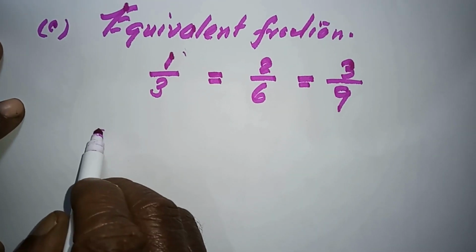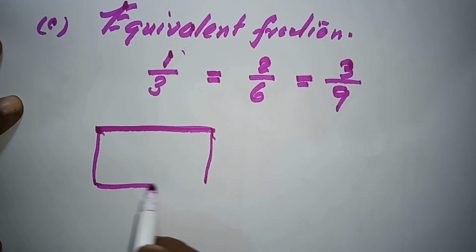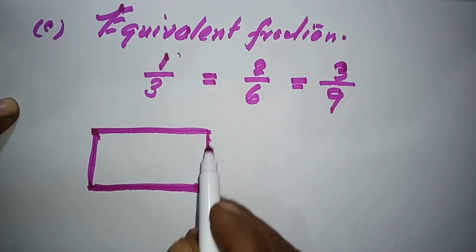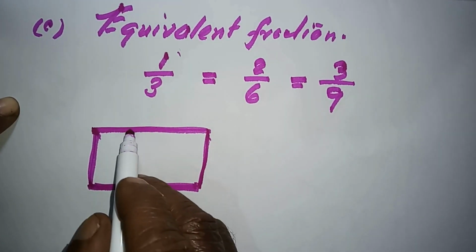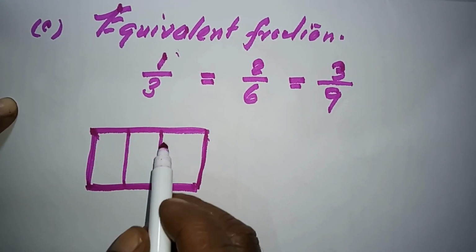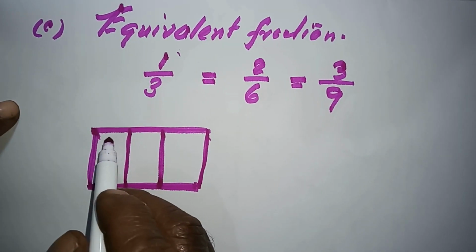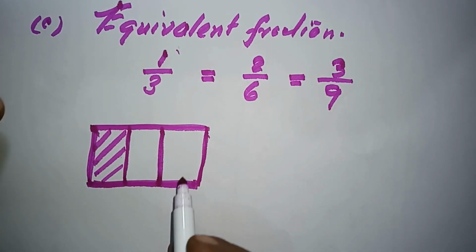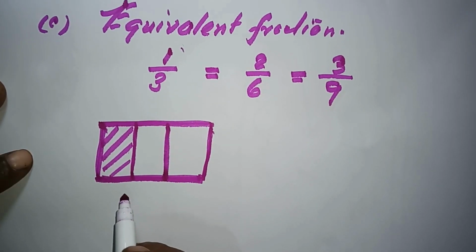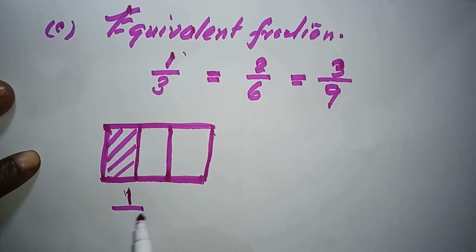For example, I can say this way. Say if this is a land, if I divide it into three similar parts, and this shaded part is 1/3.